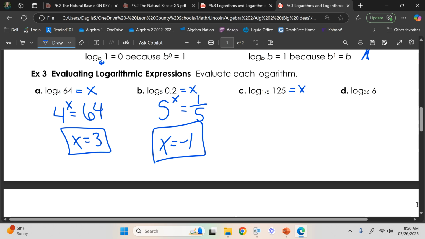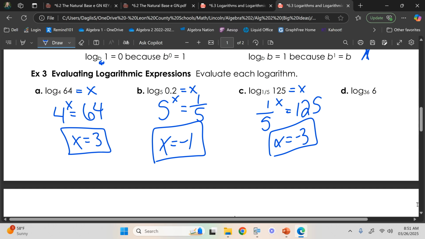You're right. 1/5 to the x equals 125, and then your x equals -3. Yes, good. Okay, it's negative because it went from a fraction to not a fraction. So we knew some flipping happened. And then 5 cubed is how we get to 125. So -3.